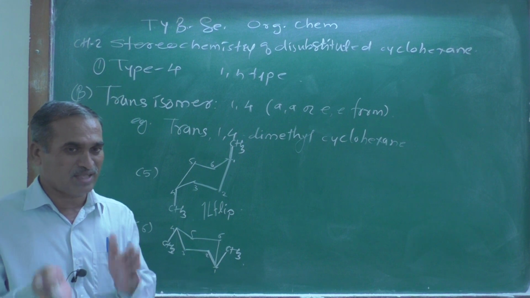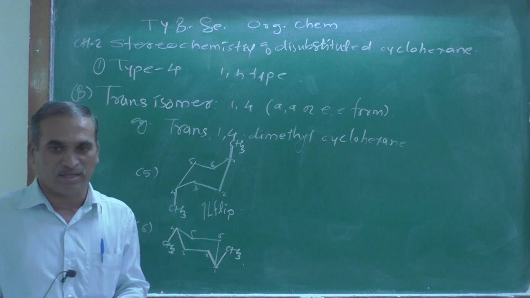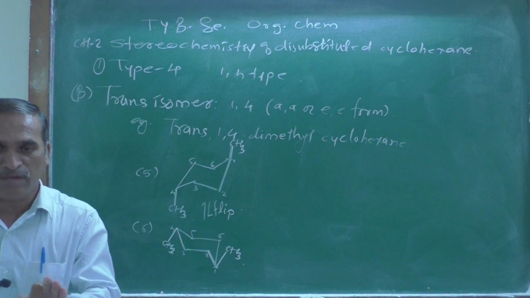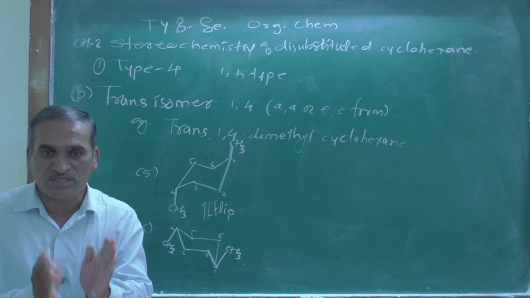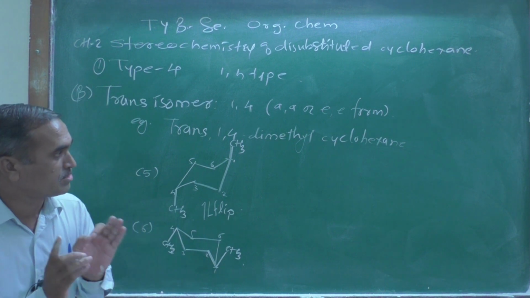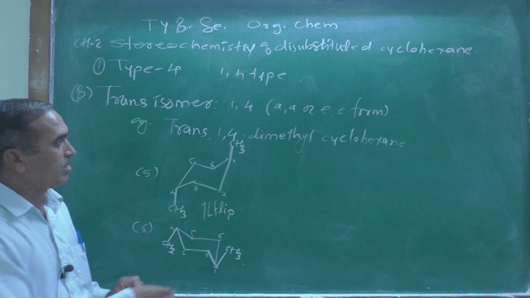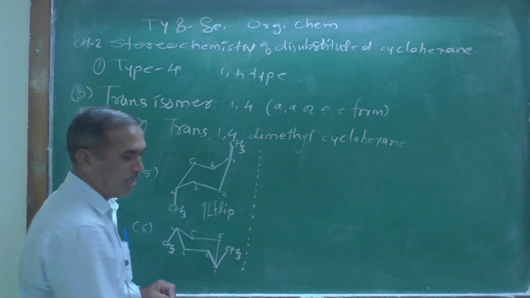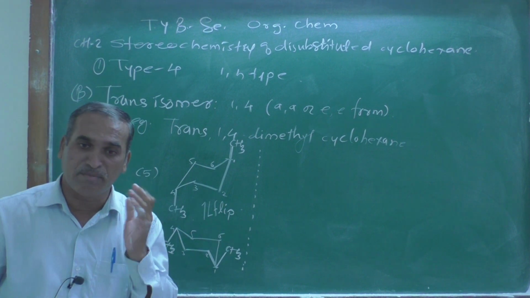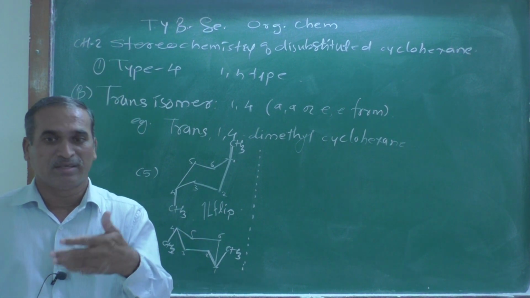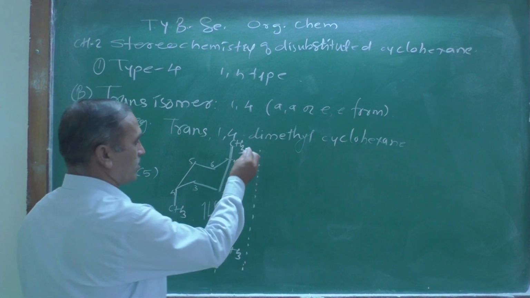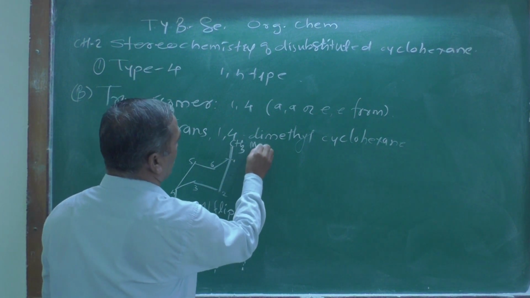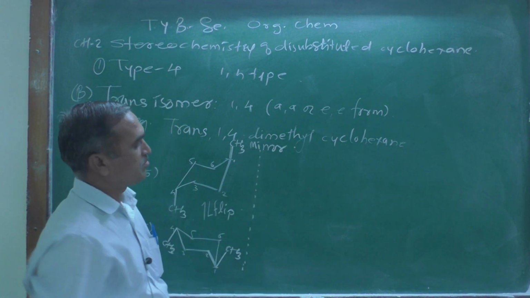What is next? As usual, because this is the final type we are discussing, observe carefully. I am showing a dotted line, which means it is a mirror. What do you see in the mirror? The mirror image of the object.